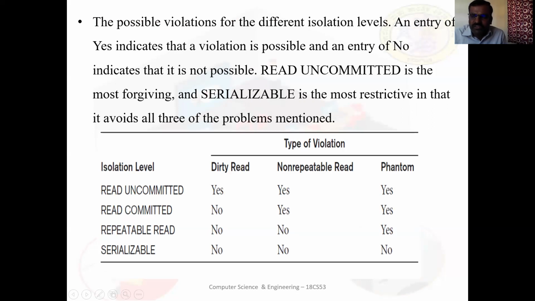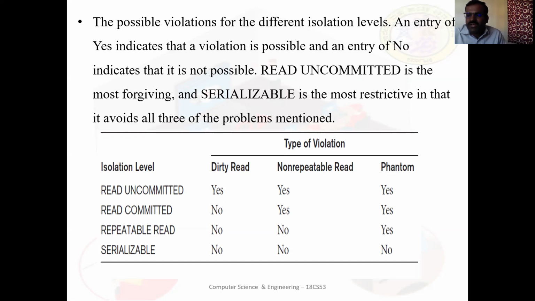Dirty read means a transaction T1 may read the update of a transaction T2 which is not yet committed. If T2 fails and is aborted, then T1 would have a read value that does not exist and is incorrect.